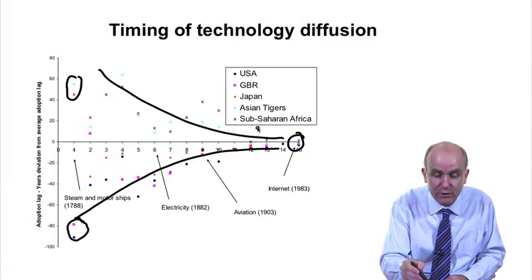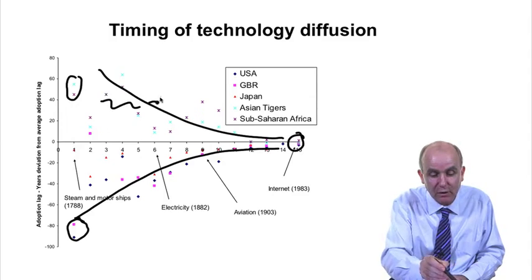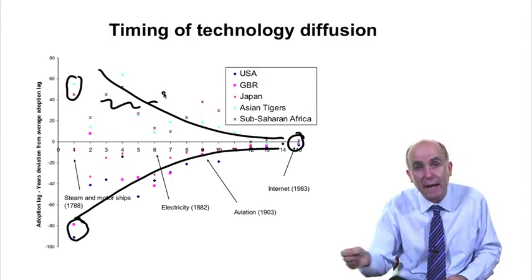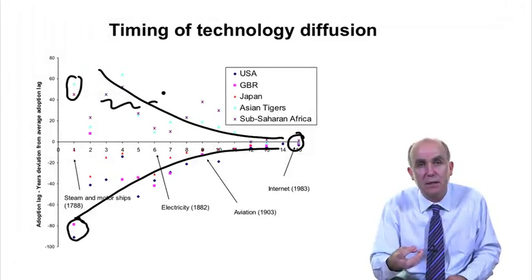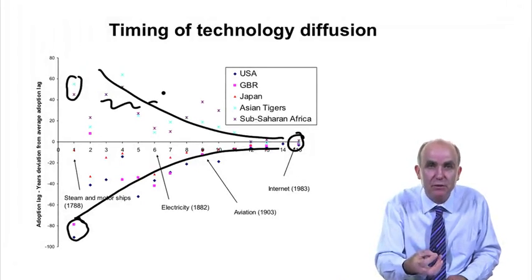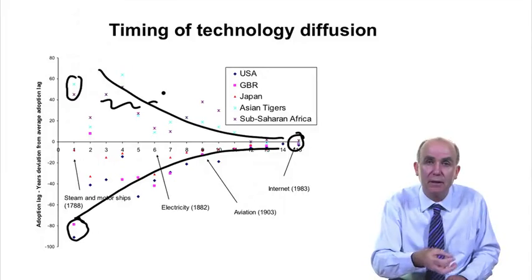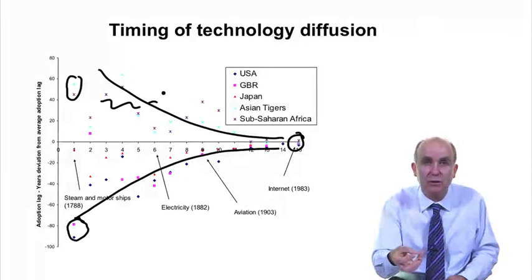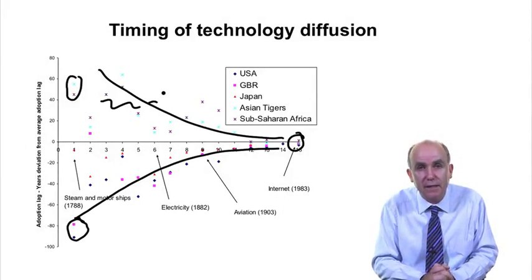Whereas if we look at the Asian tigers and sub-Saharan Africa, their observations tend to be above the line. That tells us they have been consistently slow to adopt new technologies. So this is a little more evidence for the idea that economic development may be to do with technology, and in this case technology diffusion, that there are consistent patterns in the way that regions or countries adopt new technologies. In the next part of the lecture I'll go on to think about some reasons why that might be the case.